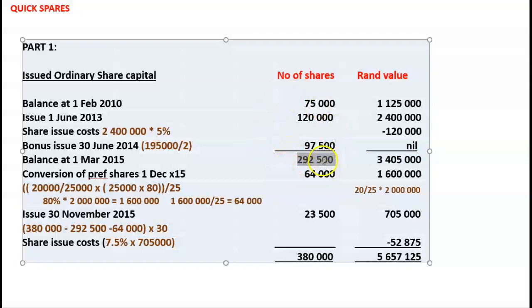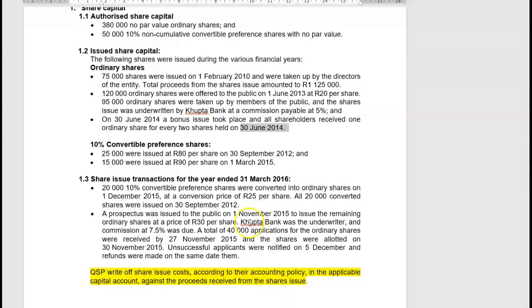So then we had 292,500, that was at the zero value, so the total rand value at that stage, 1 March 2015, was 3,405,000. There were 25,000 convertible shares in issue at 30 September 2012 at 80 Rand per share.